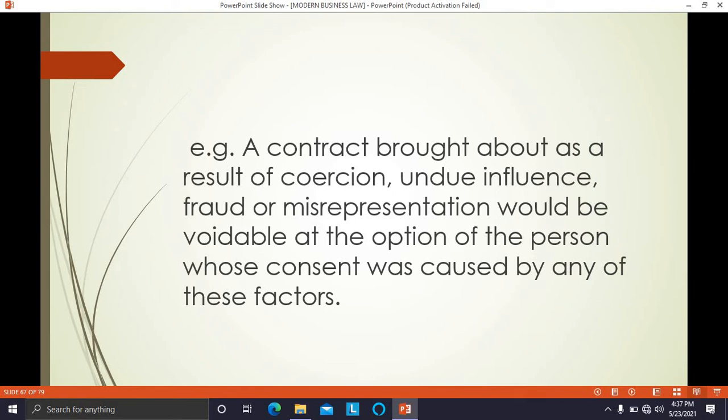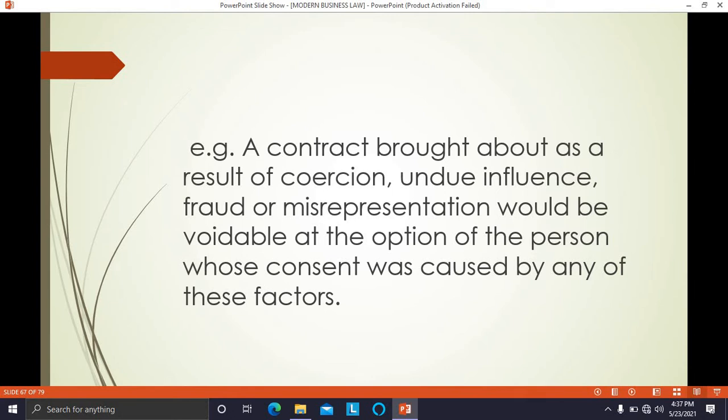If he wants to get that contract cancelled, he can prove that he has given consent, or the contract has come into existence, because of coercion. His consent is not a free consent, and he can get that contract cancelled. So this is a voidable contract.